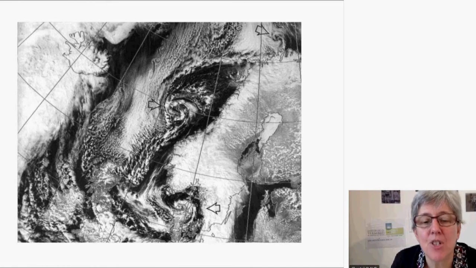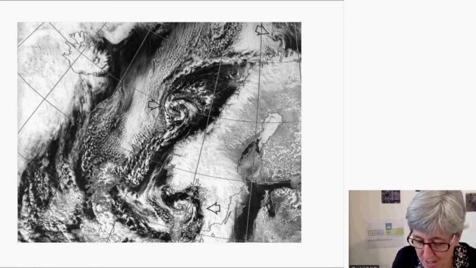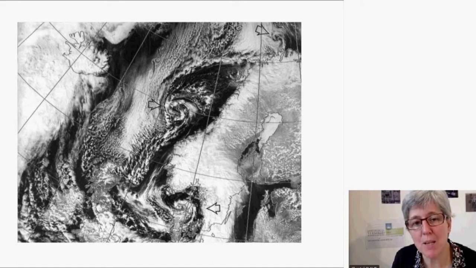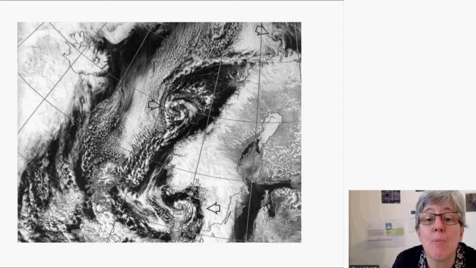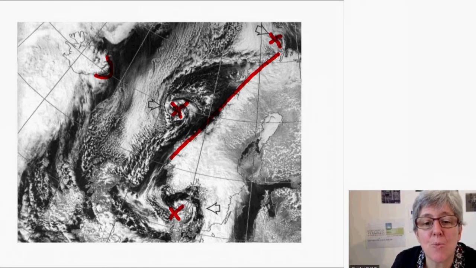One thing which is totally remarkable about polar lows is that usually when you have one polar low forming, you will get several. This is a very nice example here. Again, you have the coast of Norway here, and Iceland here, and you see that there is one polar low which has formed north of Norway, a second polar low over the Norwegian Sea, and a third polar low which is situated between Norway and Sweden here.